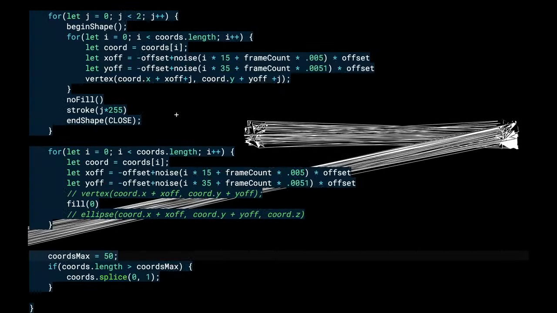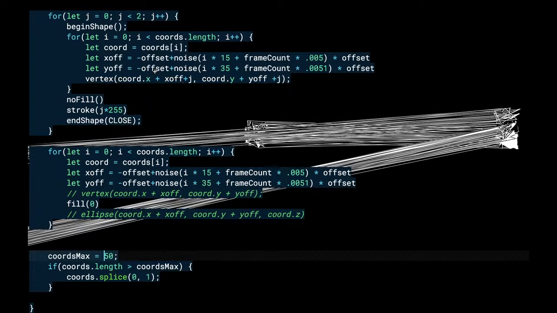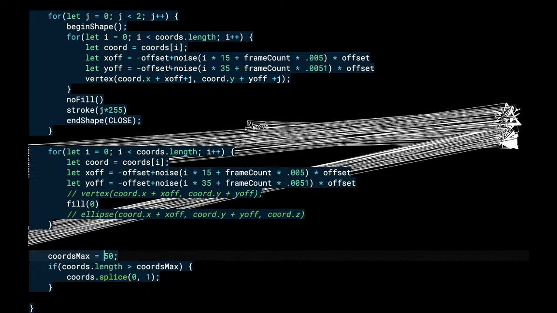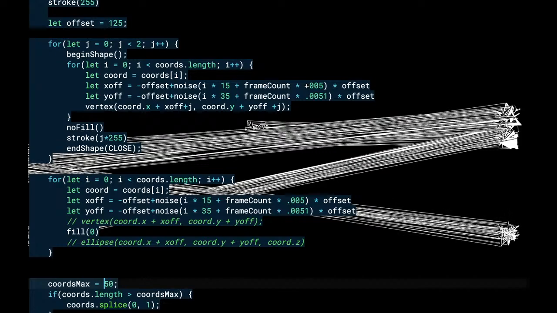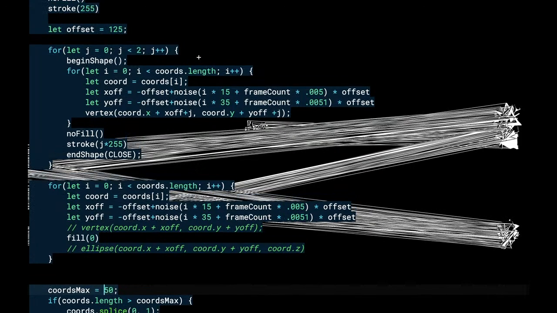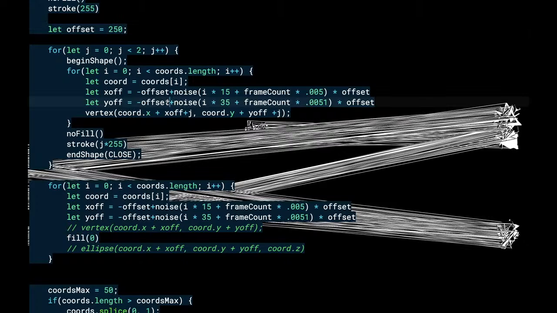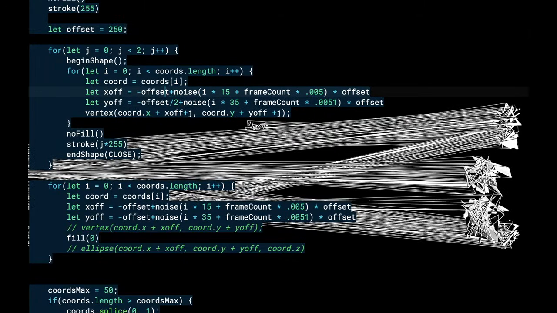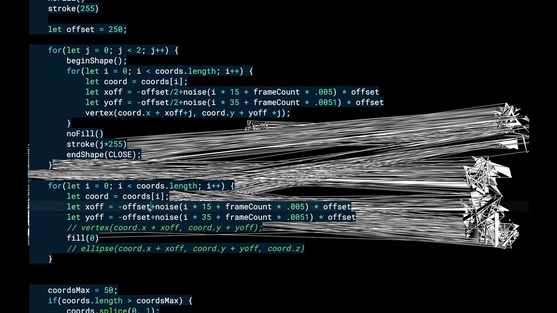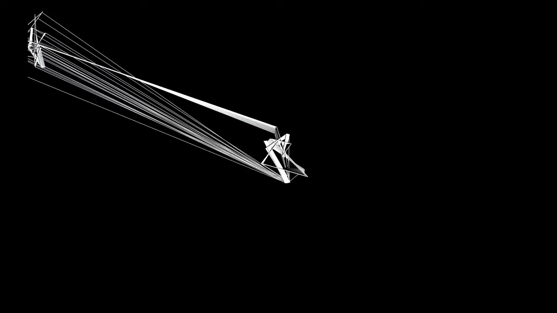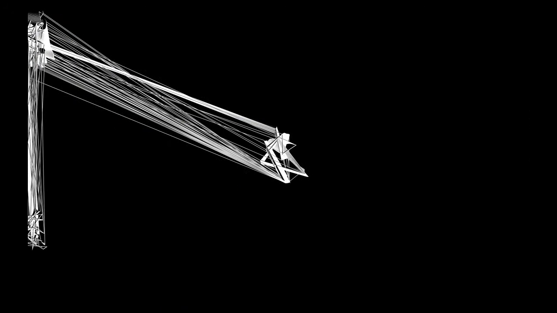Let's have just a few of them and see where these things are going and catch them and find out why. Okay, that's why. This should be 250 and this should be divided by 2. Divided by 2, divided by 2. There we go. Now it's along the wall.